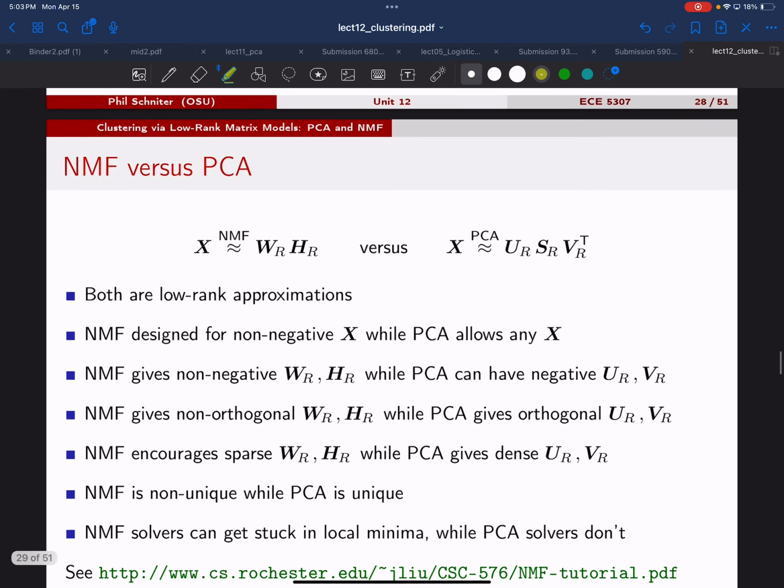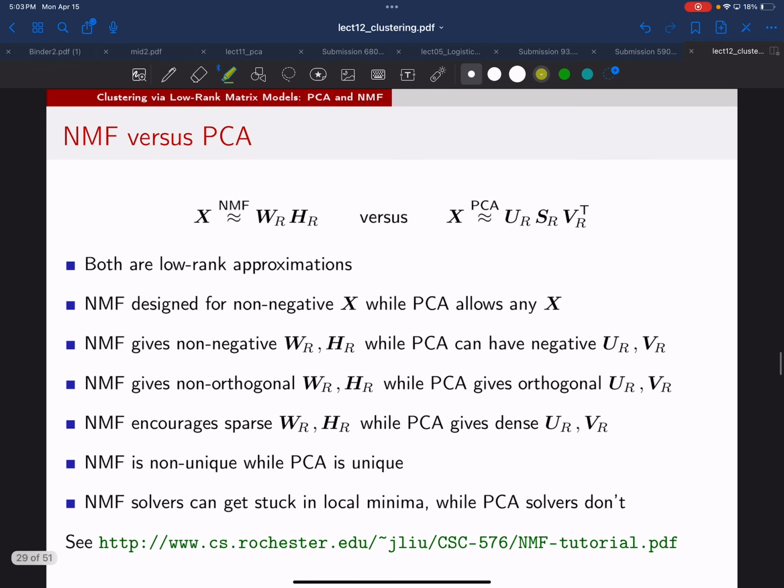All right, one last slide for today, just to compare NMF and PCA. So a lot of similarities, but some differences. Both are low-rank approximations. As we said, for NMF you need a non-negative matrix to start. NMF obviously gives non-negative matrices, whereas PCA can have negative ones.